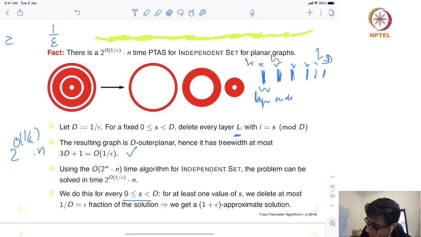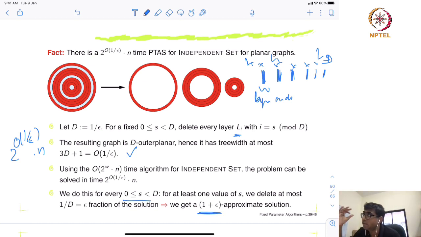If you do this by the pigeonhole principle, you will be able to show that you only lose a 1 over d fraction, not even, of the total weight, and if you do the maths, you will get a 1 plus epsilon approximation solution. I leave this maths to you.